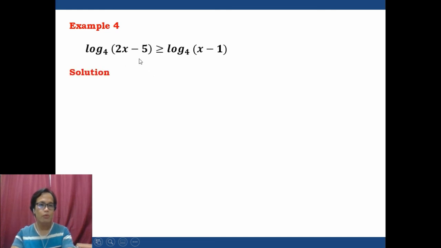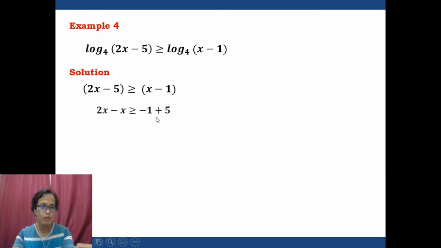So in solution, we can write this inequality as 2x minus 5 still greater than or equal to x minus 1. Again, the symbol is not changed. Again, we copy 2x and we use the subtraction property for x and the addition property for 5.